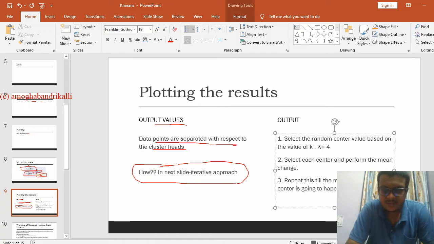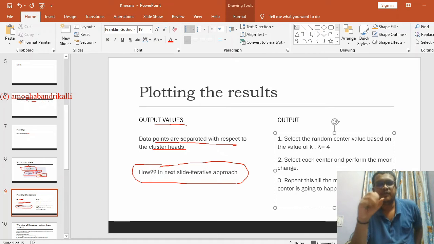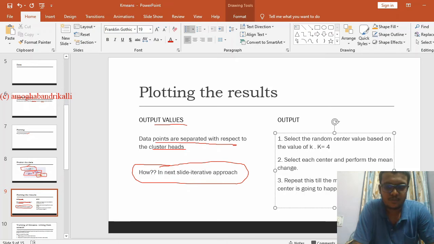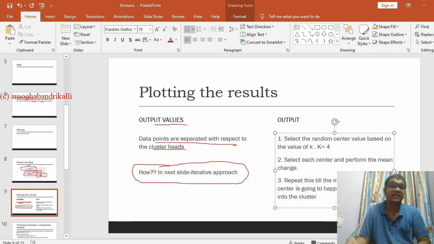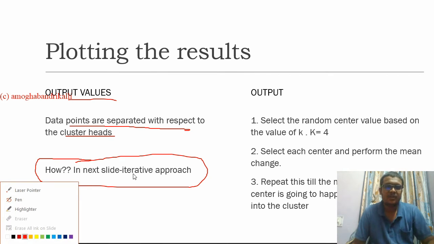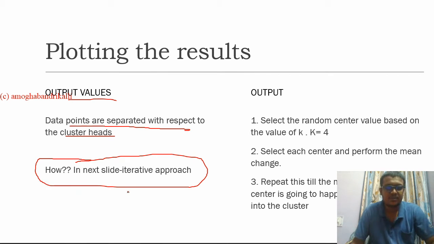In other words, whenever you find a distance, continue this till new points are no longer being added to the clusters. These are the 3 major steps in K-means, and for this we are going to write an iterative approach, and we will see this in the next slide.